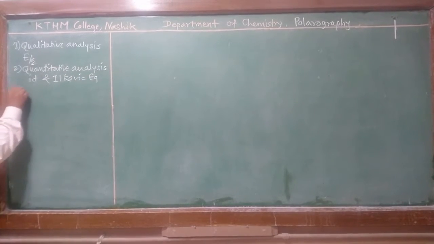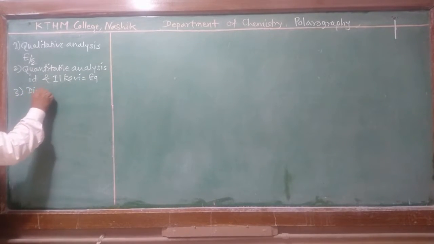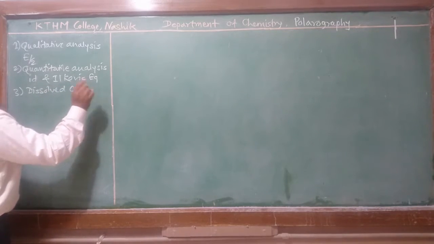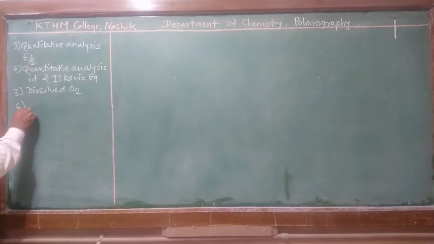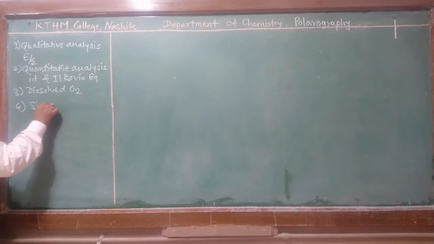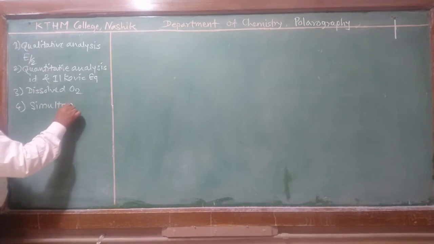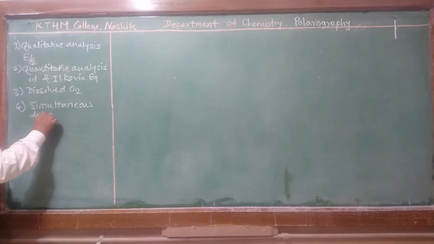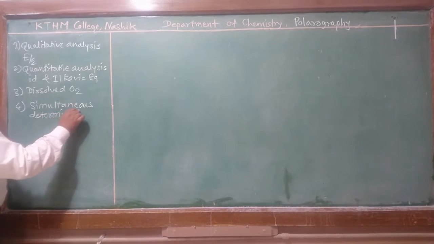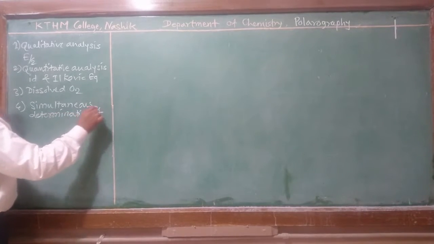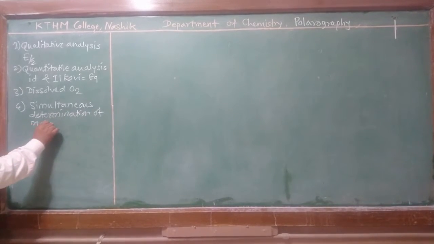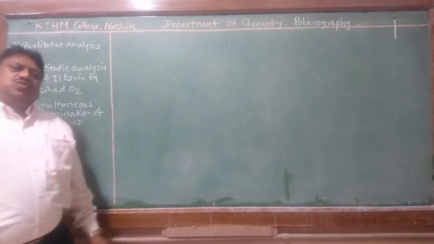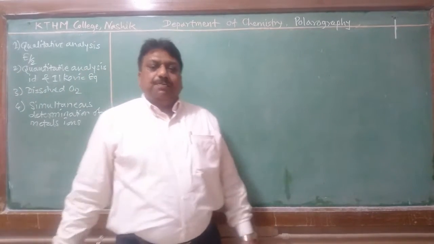We also determine dissolved oxygen from a sample. Number 4, we also determine two or more metal ions simultaneously by polarography. Students, in today's lecture we discuss the remaining applications.